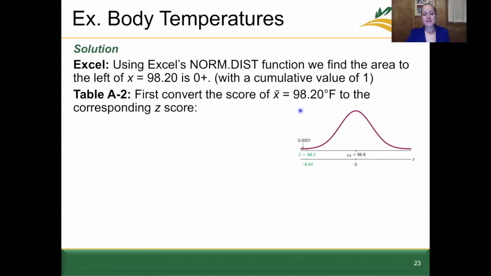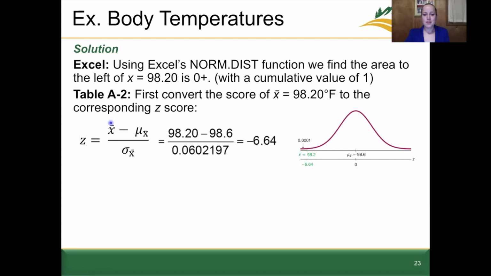Well, we know we need to convert our x bar value into a z-score before we can do anything else with table A2. So again, we have our formula here for a z-score for not an individual x value, but for a mean of a set of x values or a sample of x values. Plugging in what we know here, we already calculated these two.